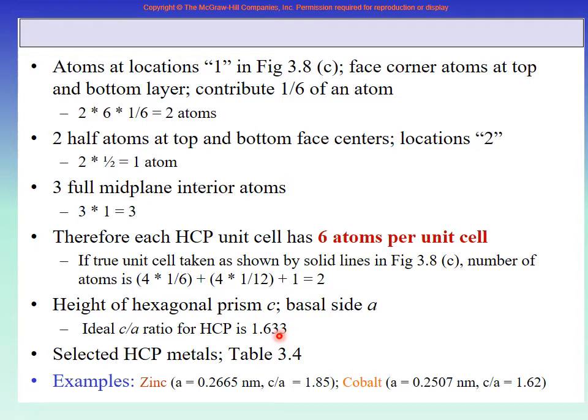In reality, because of the size of the atoms, it is not possible that all atoms which should touch are actually touching. They push them apart a little. So we will go to the table and see. But ideally, in an ideal HCP unit cell, the ratio of C upon A should be equal to 1.633.